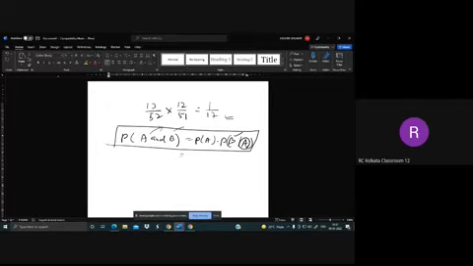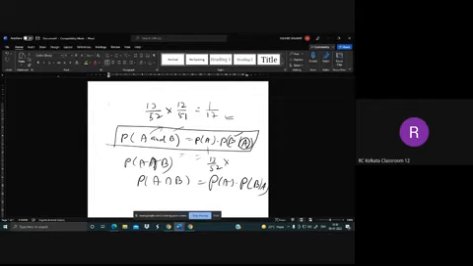The probability of A intersection B, where they are not independent but dependent, is probability of A into probability of B given A. So the probability of A is 13 by 52 and this is your 12 by 51.